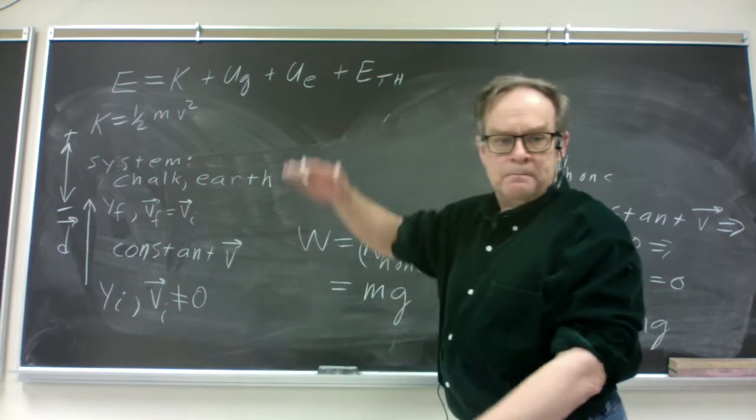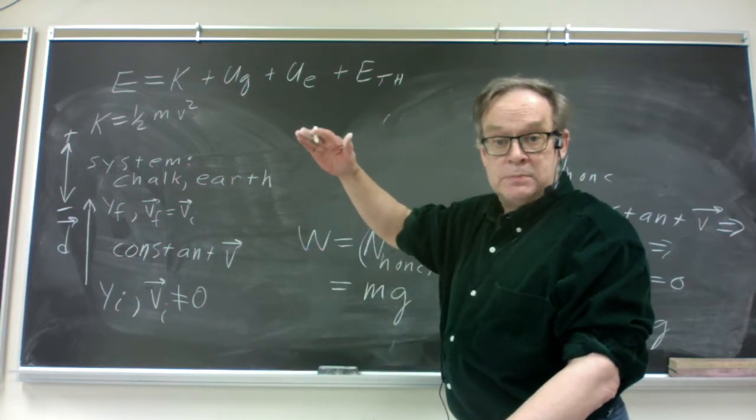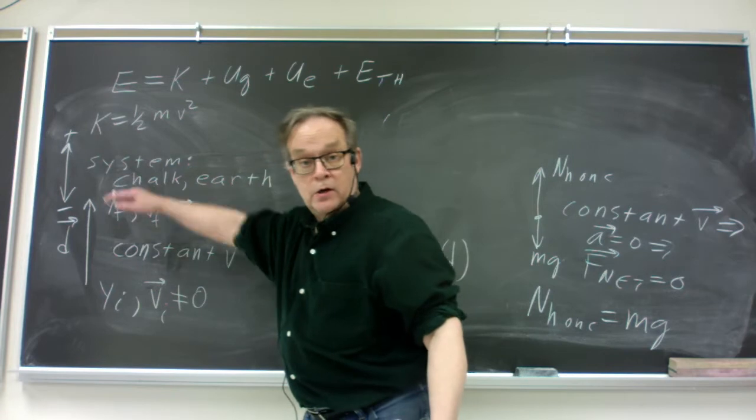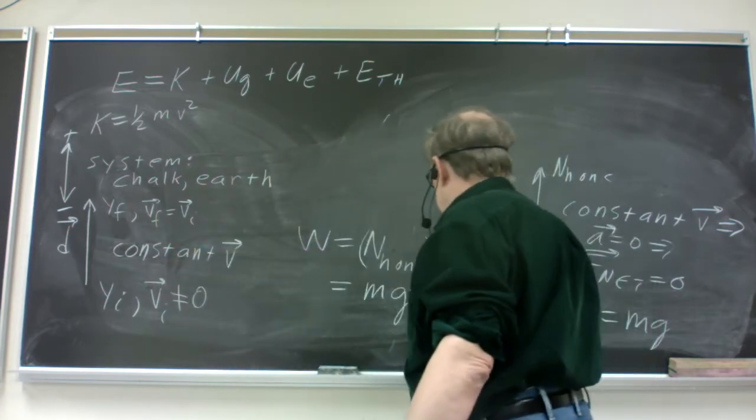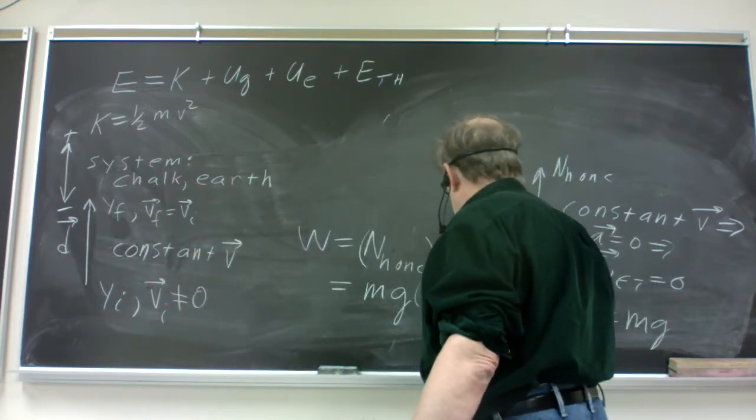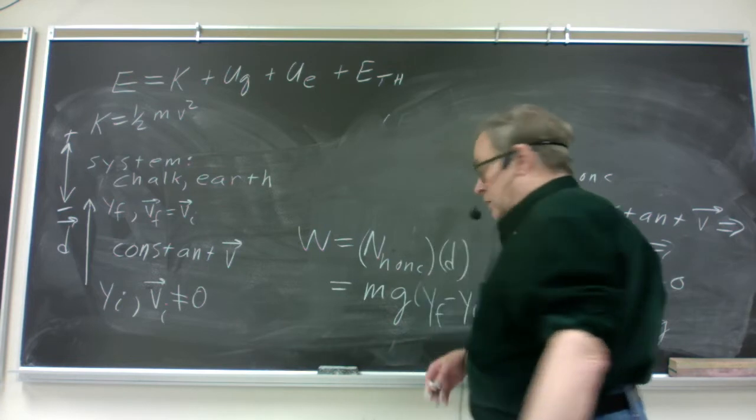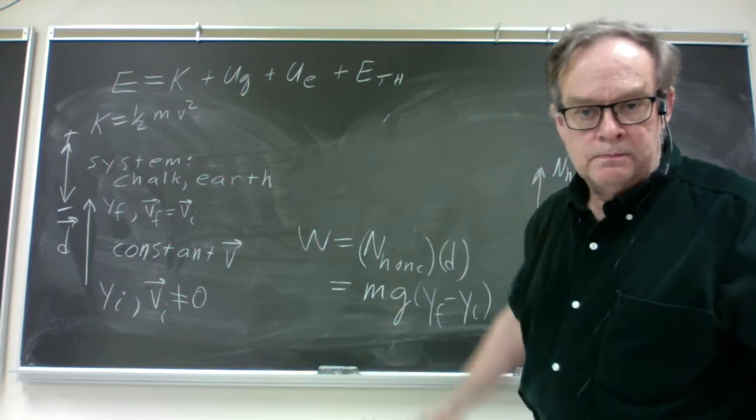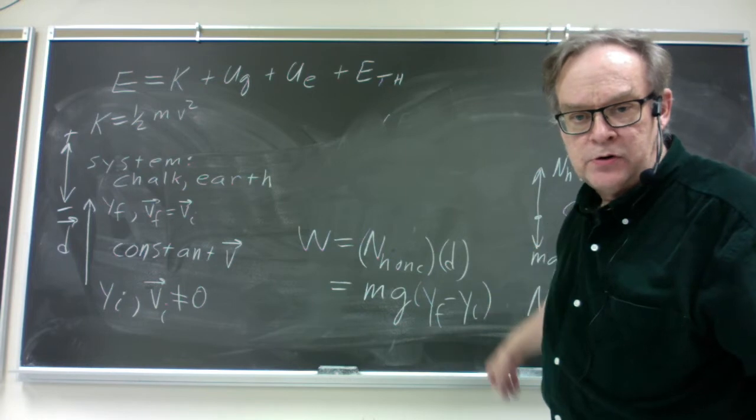So the size of the displacement, the distance between here and here, is just final elevation minus initial elevation. That's just equal to the magnitude of the displacement vector.